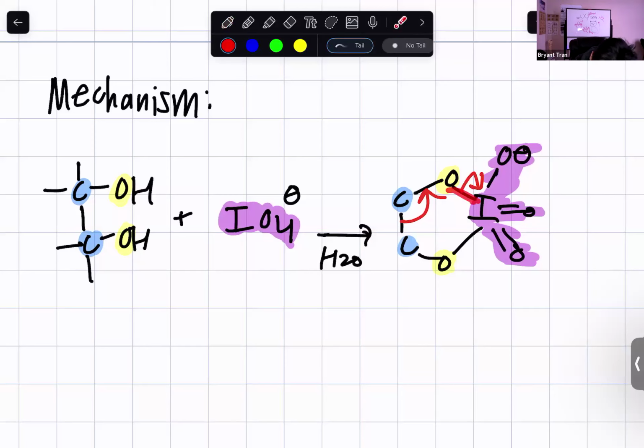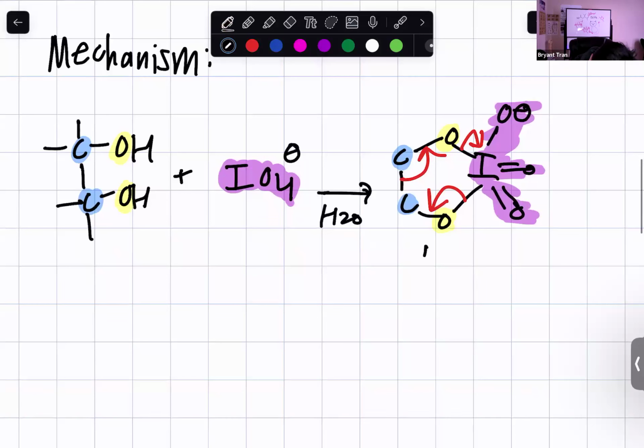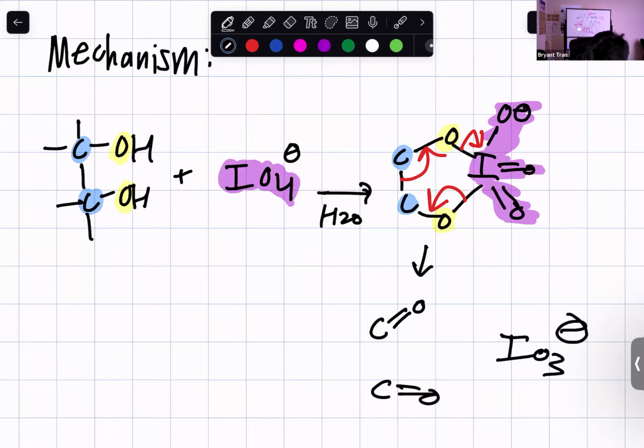So that bond right there with 2 electrons are going to go into the iodine, and we're gonna break this bond and form a carbonyl right there, a double bond right there, which is going to give us the carbonyl here and there with the IO3 minus leaving group, iodic acid.